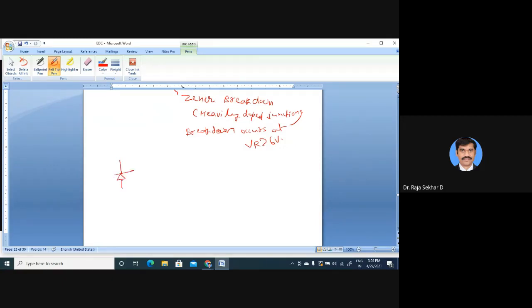So already we know that this is the symbol for Zener diode: cathode, anode.